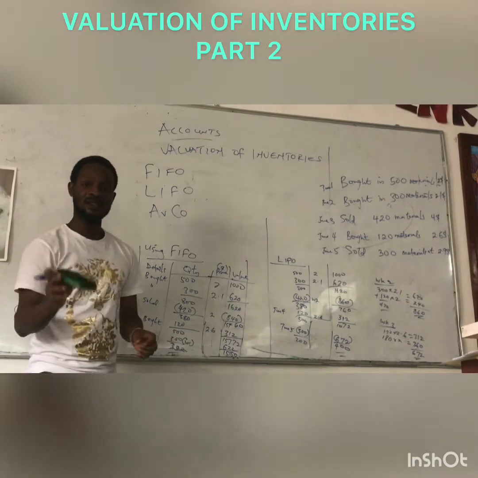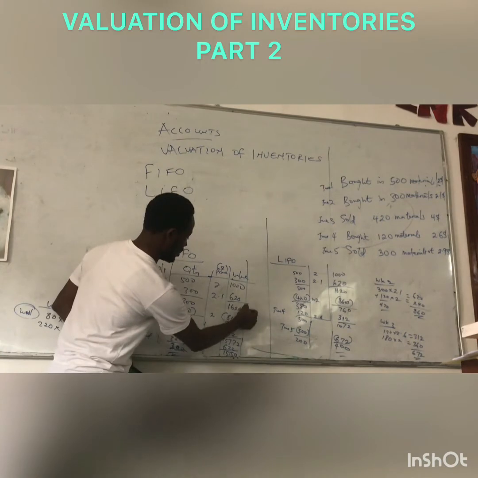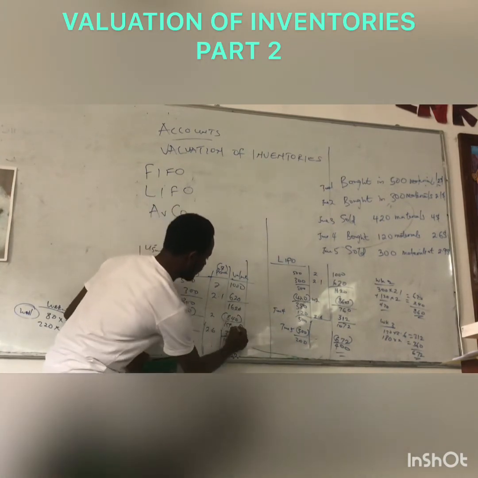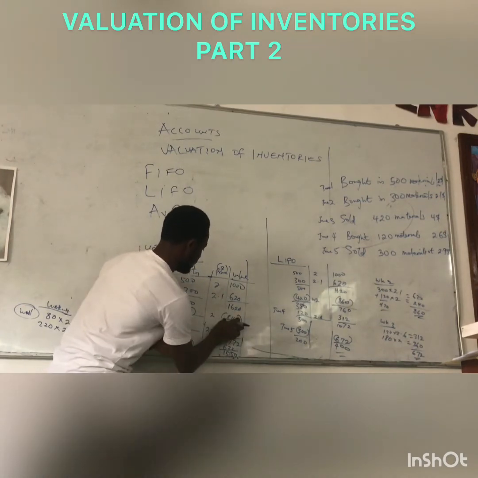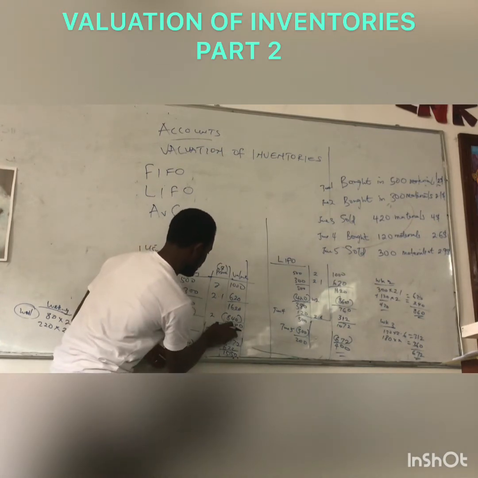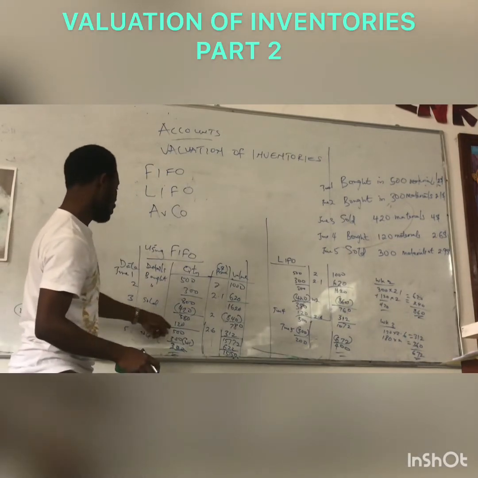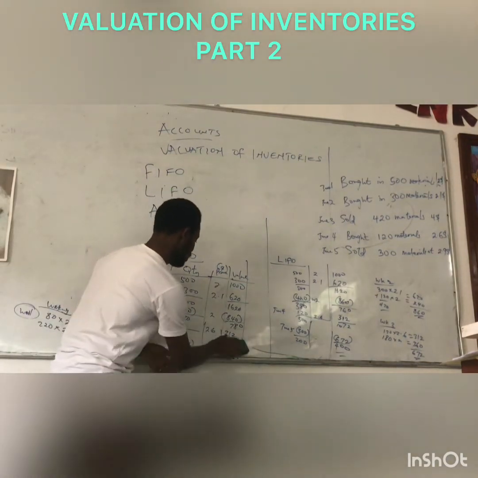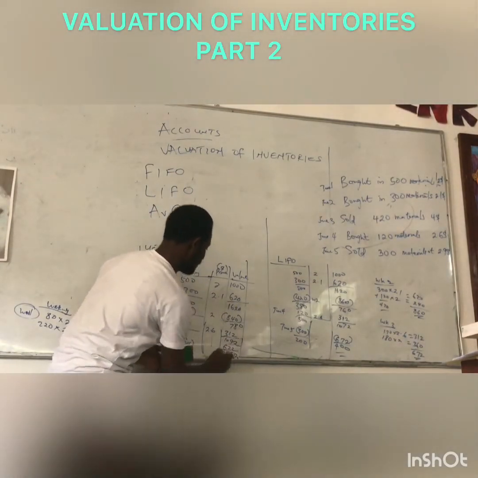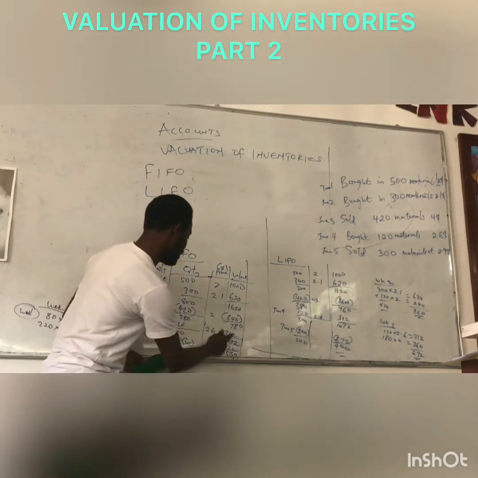So 1620, when we deduct 840, should give us 780. Then 780 plus 312 should give us 1092. 1092 minus 672.